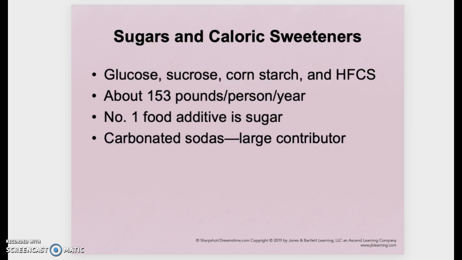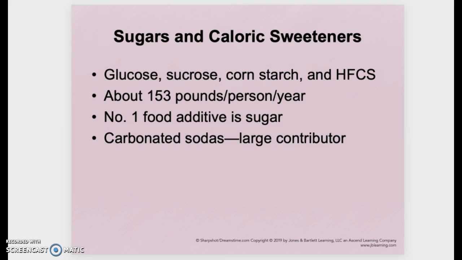So we can't talk about carbohydrates without mentioning our sweeteners, right? High fructose corn syrup is one that we see most often, and that is just because of how efficient and how cheap it is to use in our processed foods. The USDA estimates that we consume about 153 pounds of added sugars annually per person.